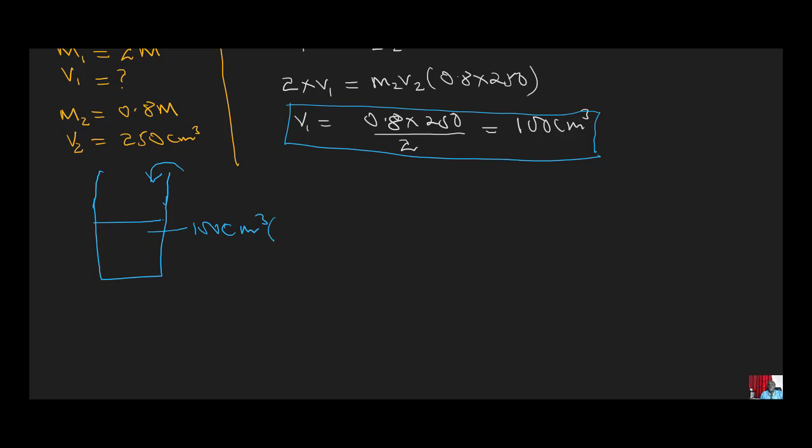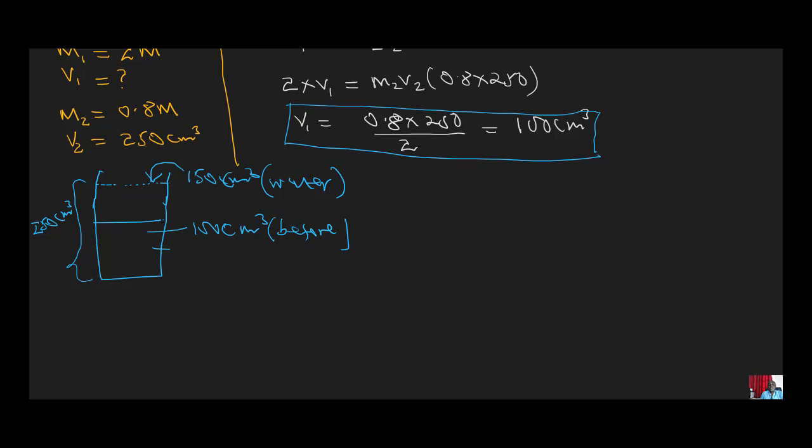This is the solution before dilution. We add water, and this water should be 150 centimeters cubed, so that the total, 150 plus 100, is 250. So the total amount of solution is 250, so it will go up. In the long run, the whole solution now is 250 centimeters cubed.